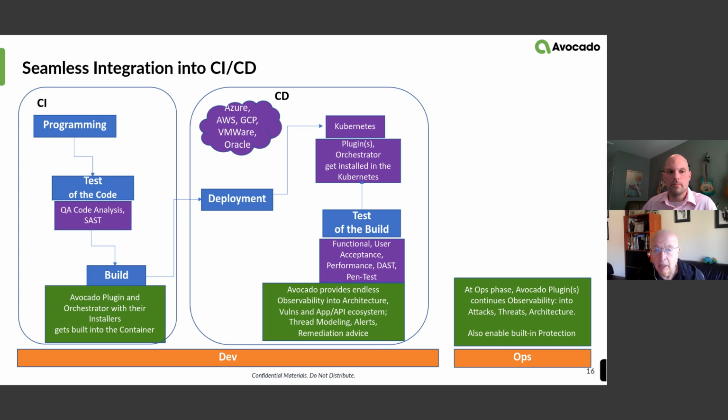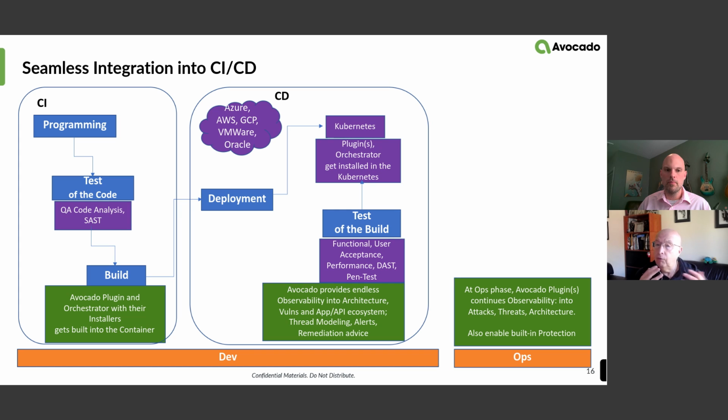include into the build the Avocado plugin and orchestrator, 2 pieces of Avocado, the control board and the agent, plugin that will be watching for API calls with their installers. So they'll become a part of the package. And when you deploy your application, they will be executed and they'll start running in containers in the Kubernetes cluster, for example. And at that time, it's a build time now, and you are running your application and testing it.